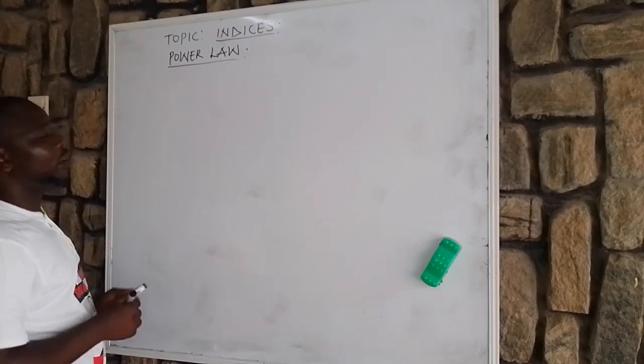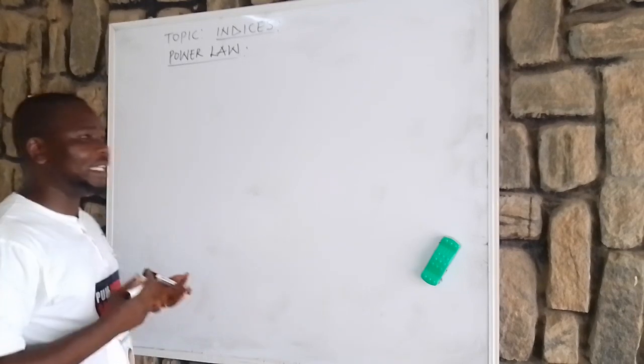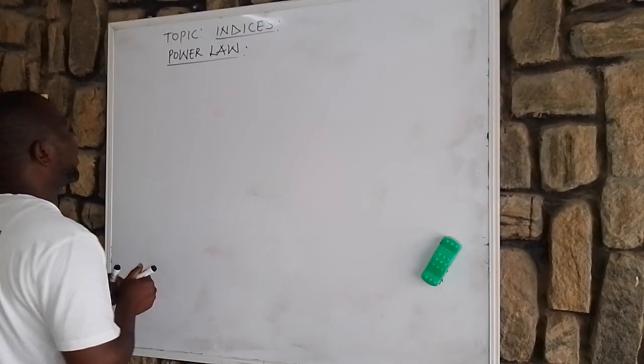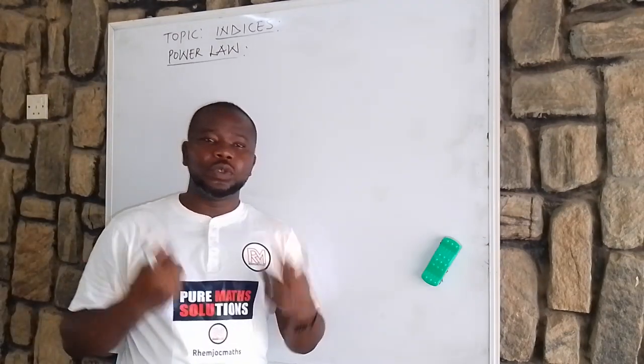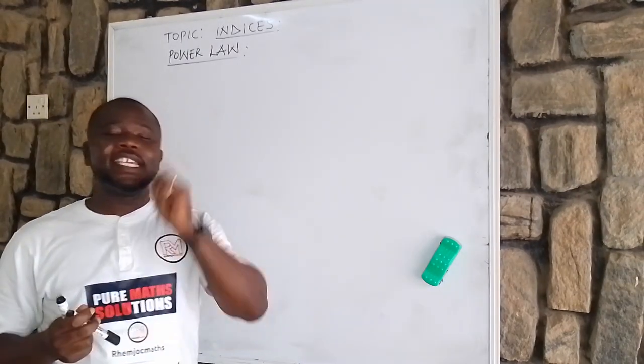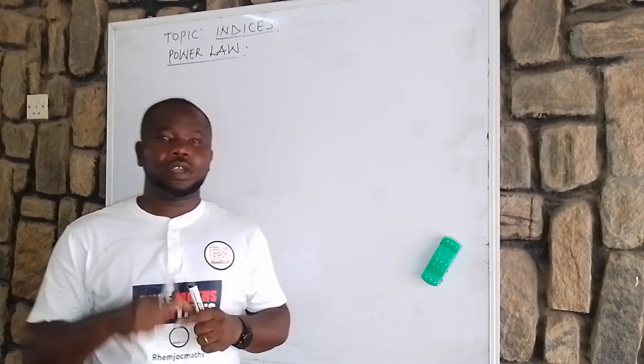Now, the power law in indices is as simple as ABC. When we say power law, when are you going to use it? When is the power law applicable in indices? I want to show you. Listen.